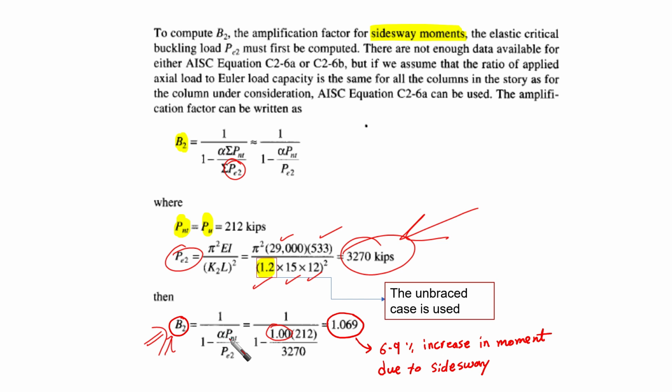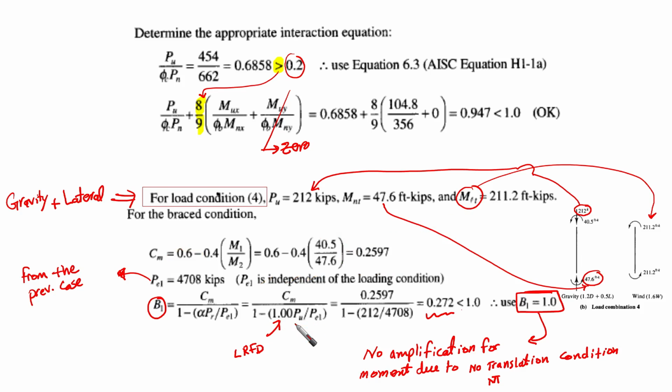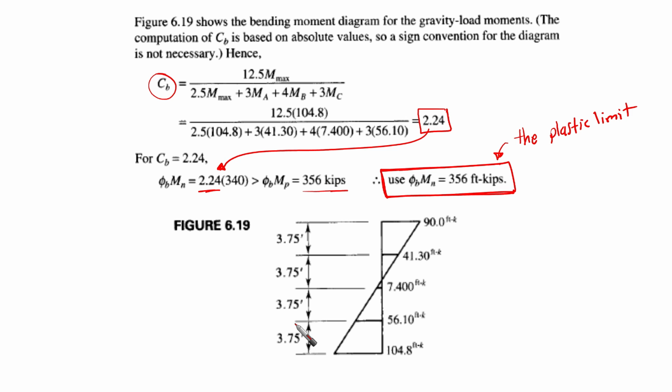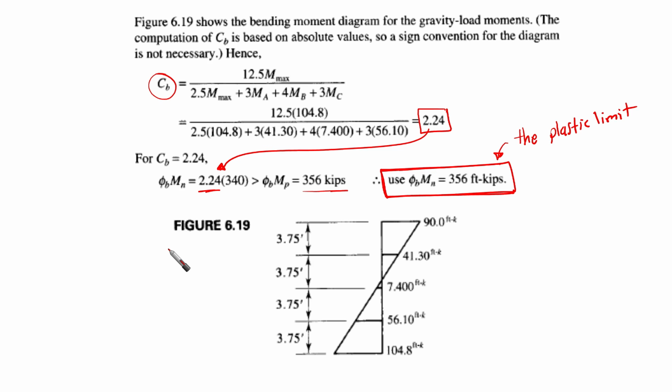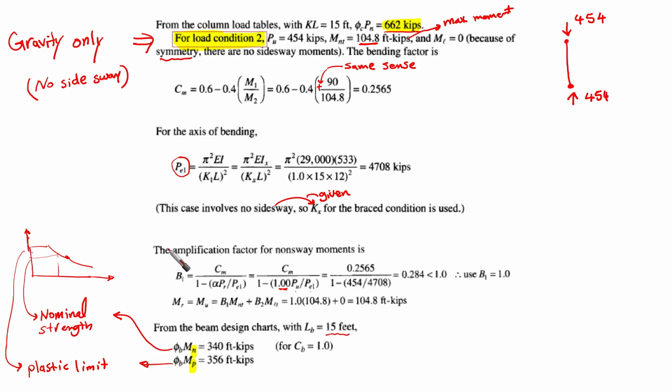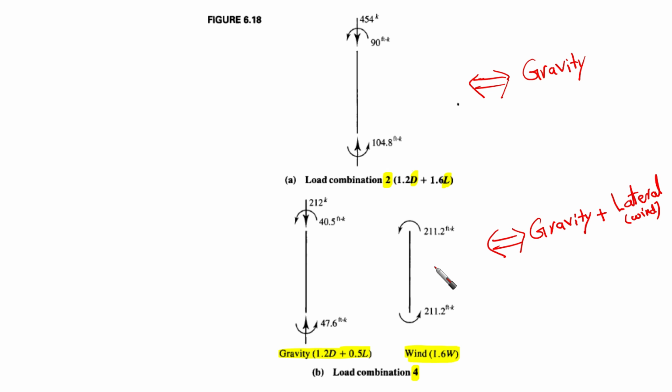Okay, and then PNT already 212. Already this is given for our case, right? The PNT is coming from the axial loading, right? PNT 212. From where? Let's go back and see. Sorry, no, not this one.